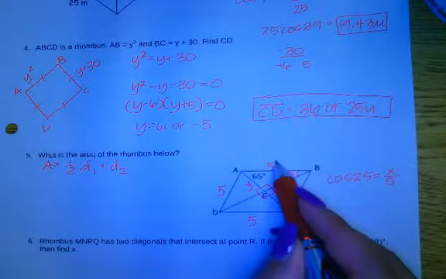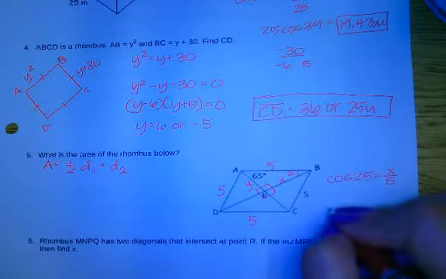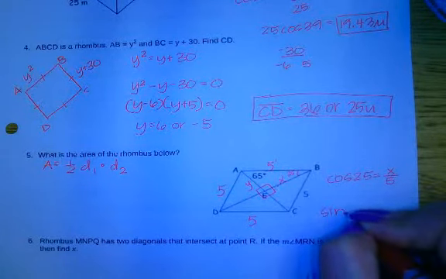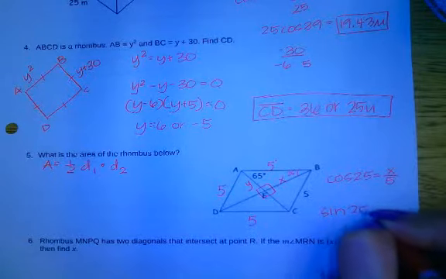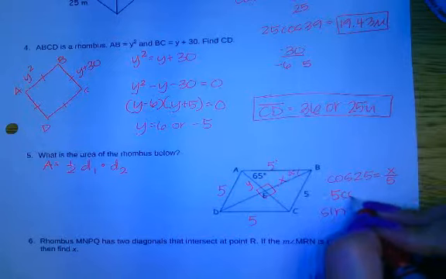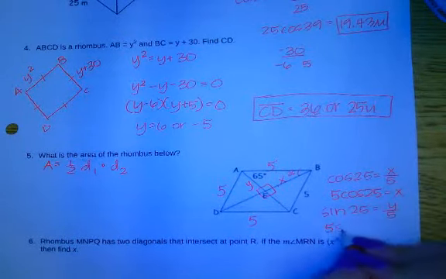How would you figure out y? Sine of 25 equals y over 5. So I have 5 cos 25 equals x, and 5 sine 25 equals y.